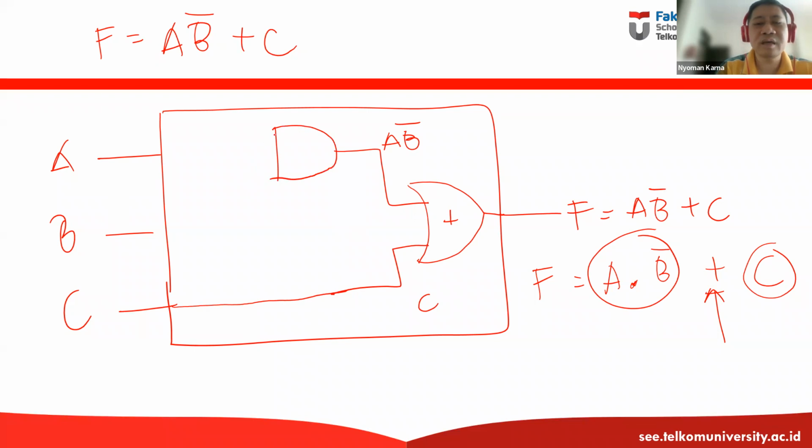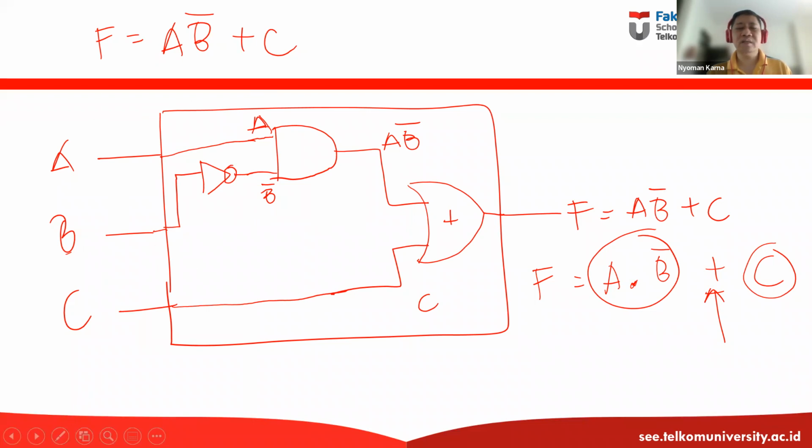So this is the AND gate of A and B naught. A is already in its simplest form, which is the input, so we can just draw a straight line from input A. And then this is input B, but this one is B naught, so we need an inverter here. So this is the circuit that represents the function A B naught plus C.